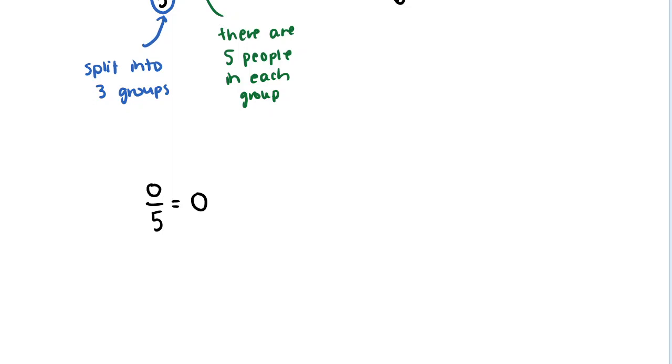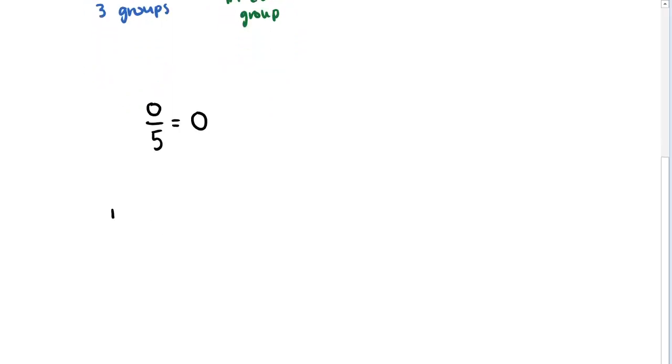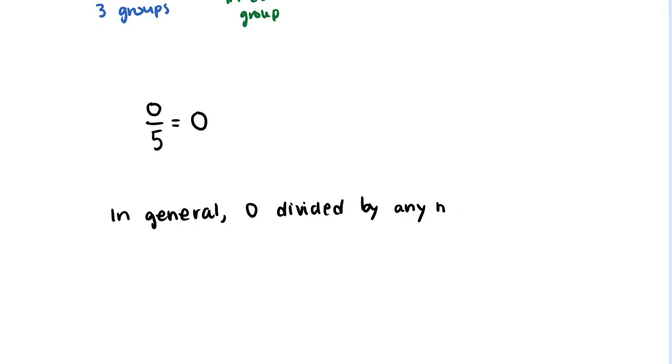And so in general, if we take 0 and we divide this by any number, actually, maybe let me add a little special note here, divide this by any non-zero number, well, the result is 0.